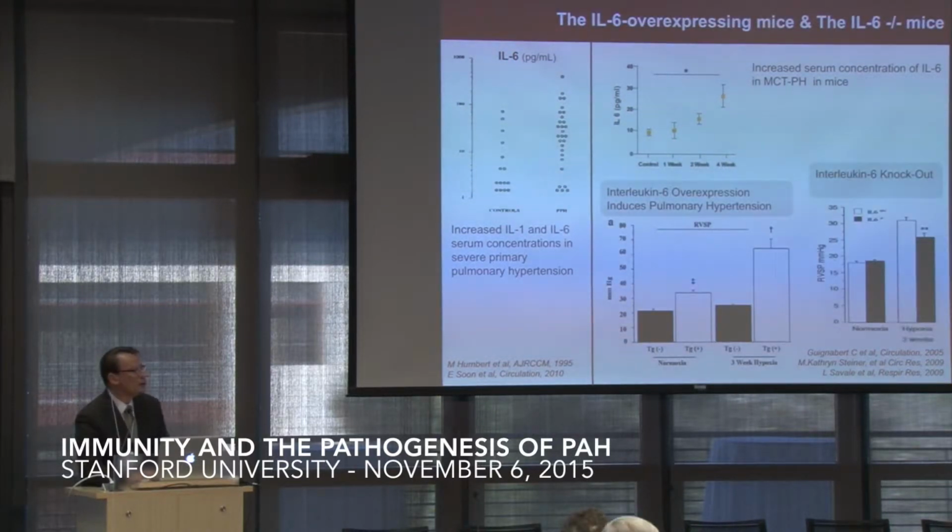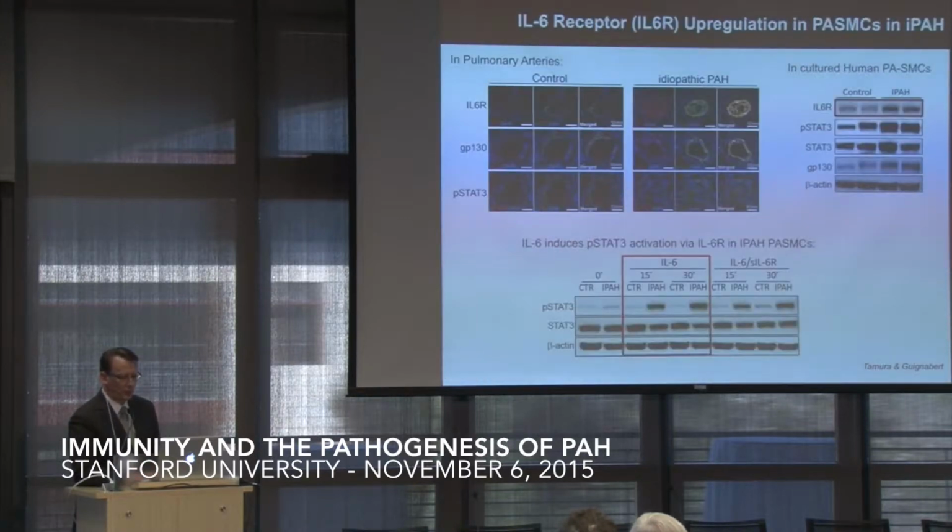And interestingly, in two animal models, interleukin-6 overexpression induces pulmonary hypertension, either in normoxia, but most importantly in hypoxia. And the other way around, interleukin-6 knockout mice are less prone to develop hypoxic pulmonary hypertension.